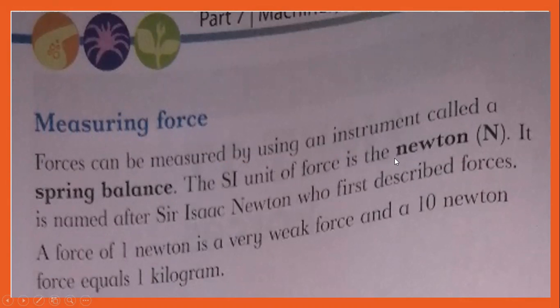The SI unit of force is the Newton that I told you before. The unit of the force will be Newton and we represent it with a capital N. It is named after Sir Isaac Newton, who first described forces. The force of 1 Newton is a very weak force and a 10 Newton force equals 1 kilogram.